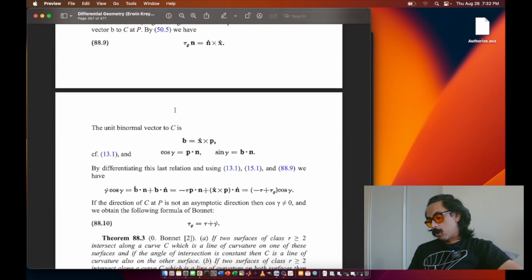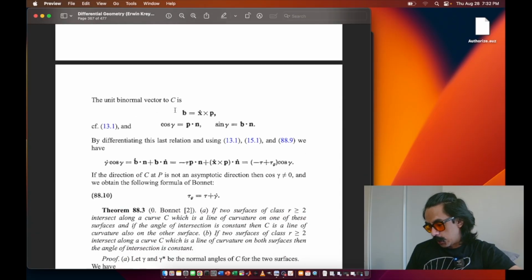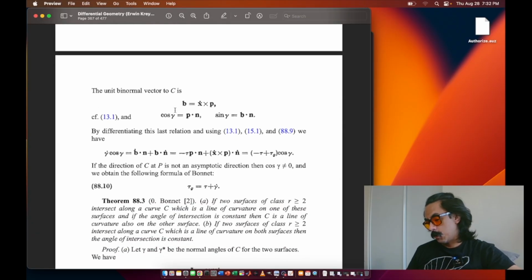The unit binormal vector to capital C is thus vector lowercase b equals vector x dot cross vector lowercase p.